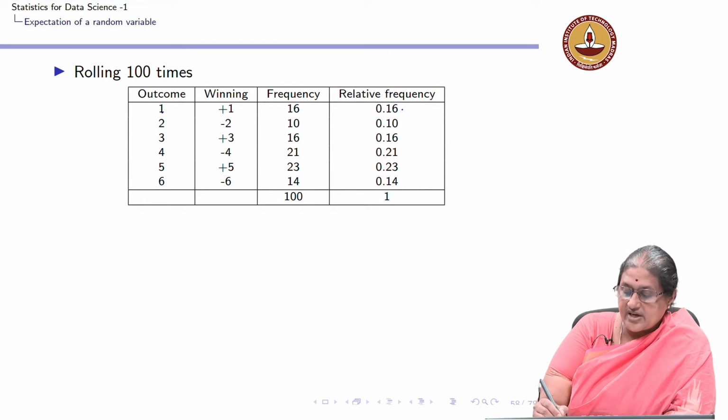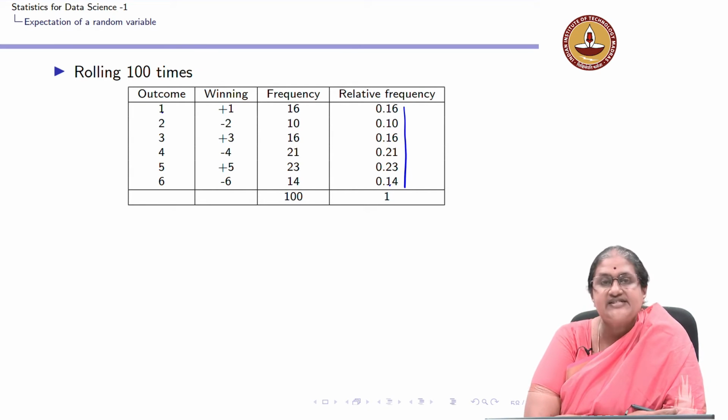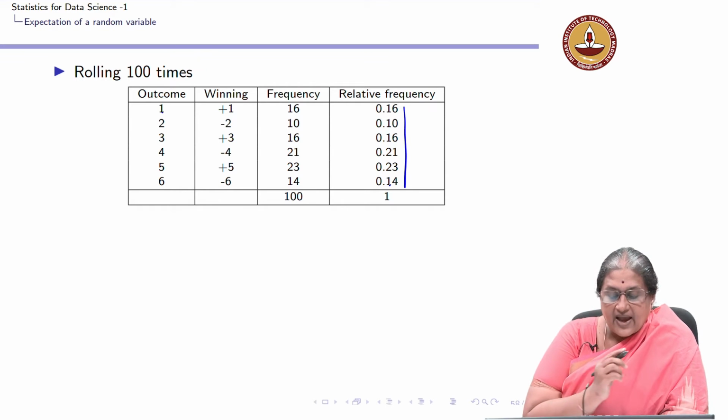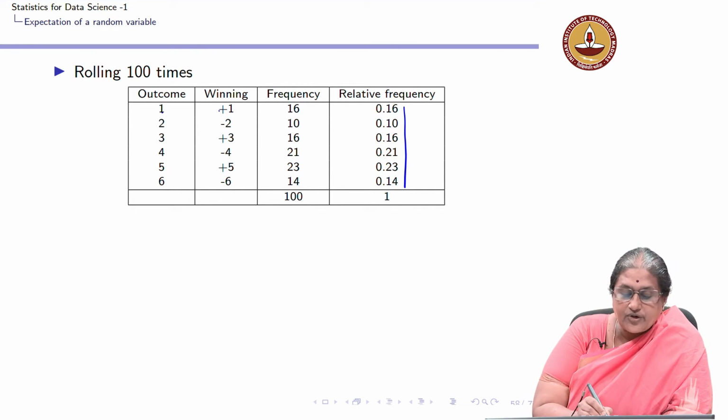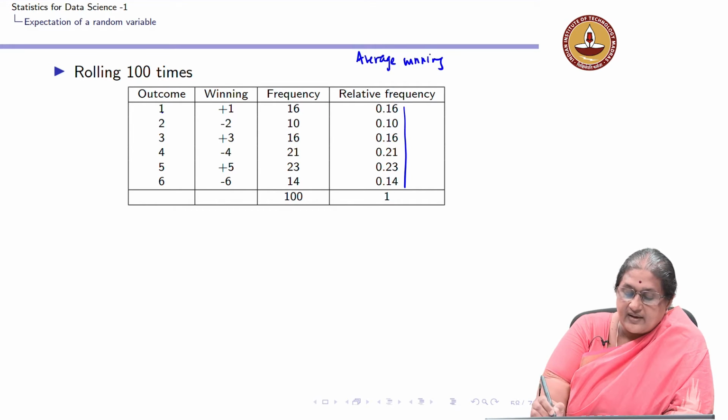From the frequency, I can obtain the relative frequency. This is something which we have already seen how to get. And in addition, from the frequency and relative frequency, I can compute my average winning. I know that for +1, my relative frequency is 0.16.